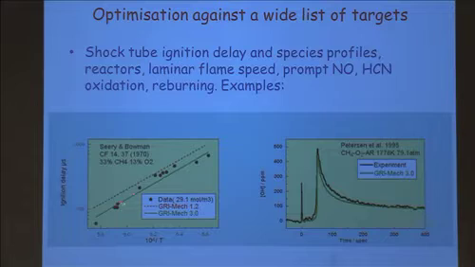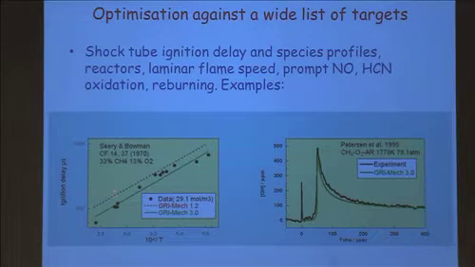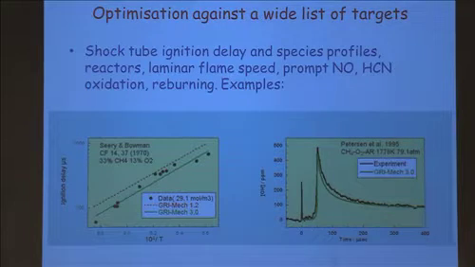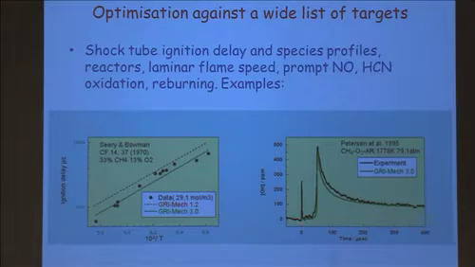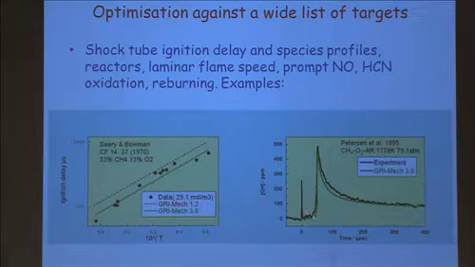And so these are the experimental data. And these are the tunings of GRIMEC going from GRIMEC 1.2 to GRIMEC 3.0. And this is a concentration profile for OH as a function of time from these experiments from 1995. And the tuning of GRIMEC to reproduce this.